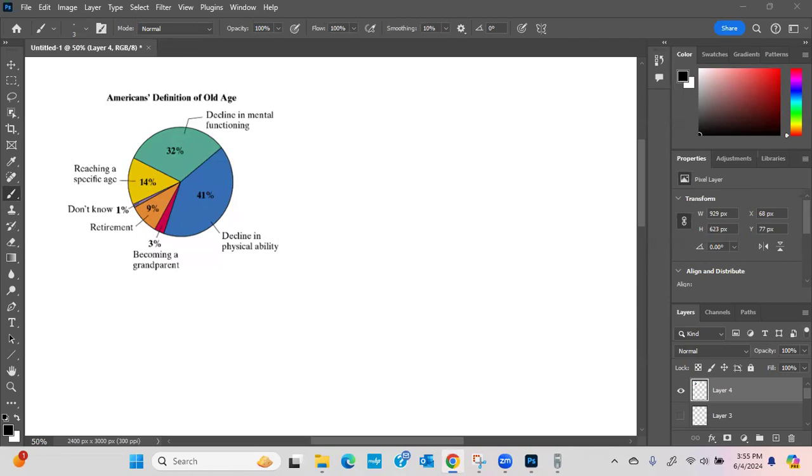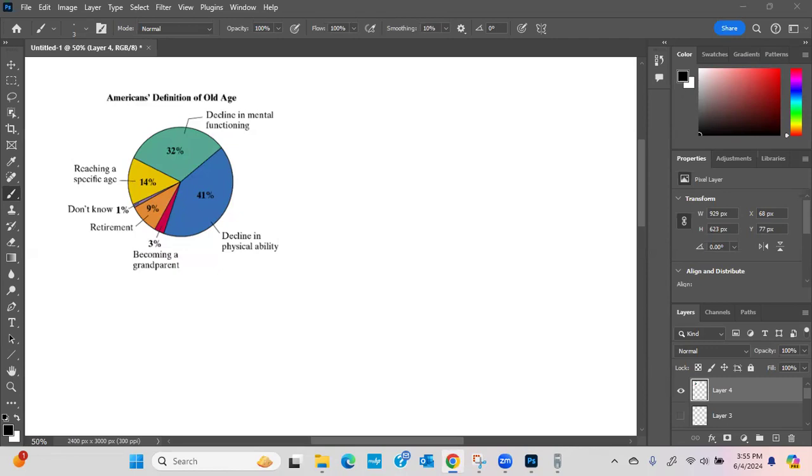The question is, what is your definition of old age? And I can't remember how many people they asked, but they will then say, well, 41% of them said it was a decline in physical ability. 32% of those who responded said it was a decline in mental functioning. Others said it's reaching a specific age, or it's retiring, or becoming a grandparent.